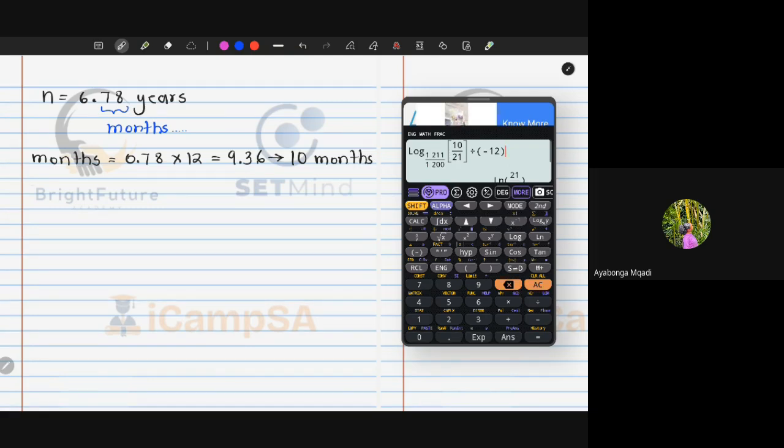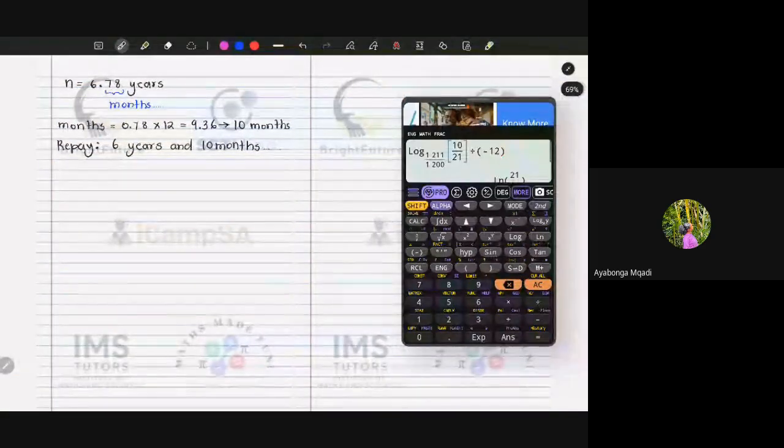So it means this couple will now need to repay their loan in 6 years and 10 months because they want to reduce their installment by 300 rands. That is the consequence. Okay, does it make sense, guys?